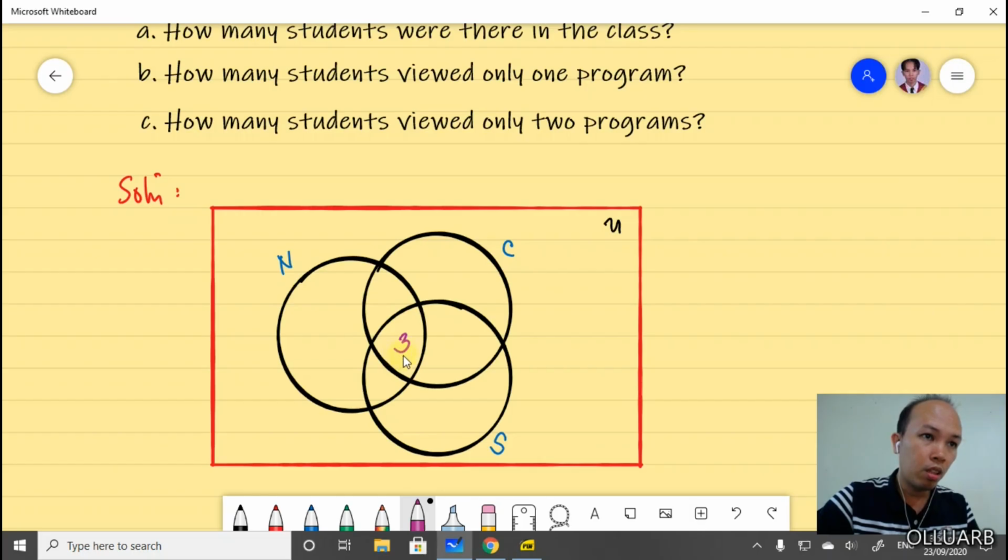Since there are 3 students already, we put the number 6. There are repeated students in here. These students watch the 3 programs, but again these students also watch news and sports. This is the reason why we have 9 minus 3, which is 6.